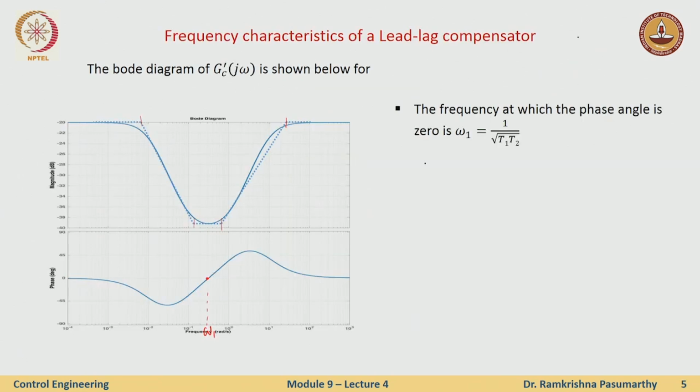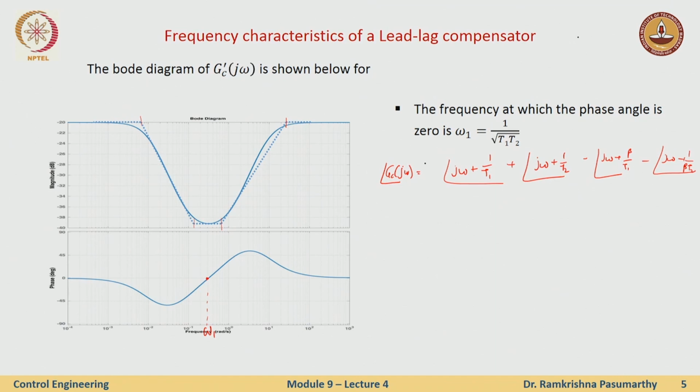So I'll quickly run you through the proof. The angle of GC of j omega is the angle of j omega plus 1 over T1, plus the angle of j omega plus 1 over T2, and then the angle of the poles with a negative sign, j omega plus beta over T1 and j omega plus 1 over beta T2.